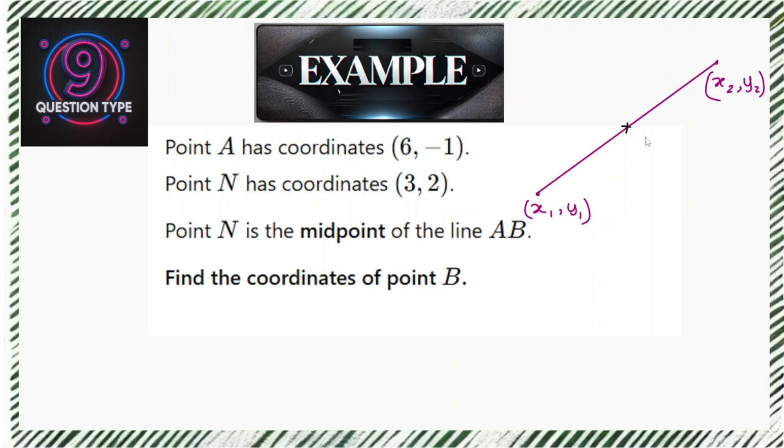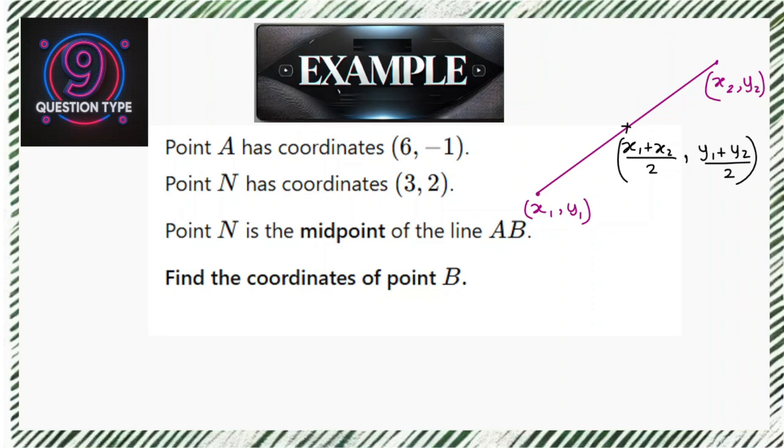The midpoint between those two, whatever the x values, you need to get the average of it. How do I do that? x1 add x2 divided by 2. That's the average. And then do the same thing for y's: y1 plus y2 divided by 2. That gives you the coordinates of the midpoint.